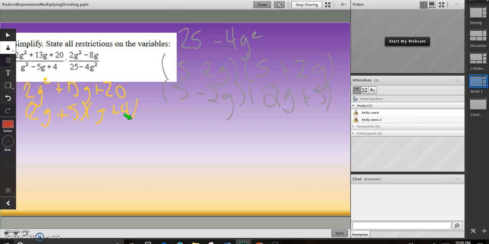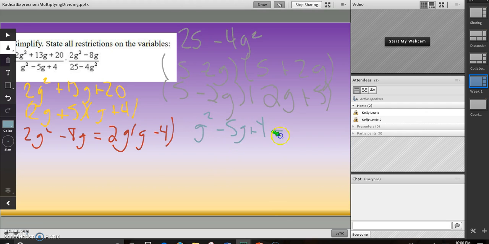Then 2g squared minus 8g, that was 2g, g minus 4. And then the last guy, g squared minus 5g plus 4, that was g minus 1, g minus 4.